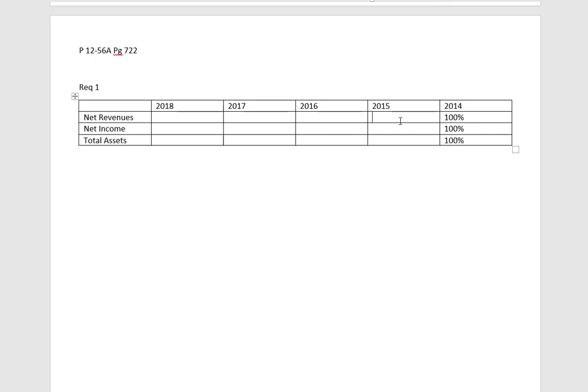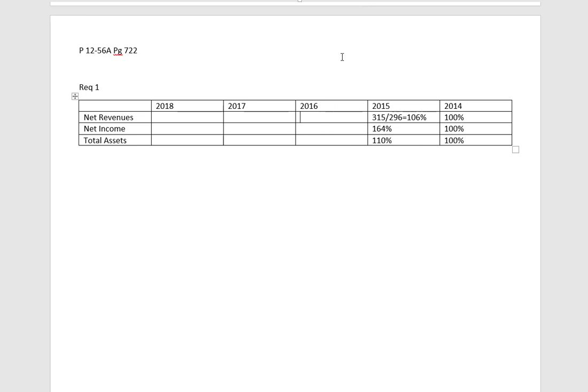And each subsequent year, 2015 and going on, is simply going to be the value in 2015, so in this case 315, divided by the value in 2014, 296, which is equal to 106%. And if I repeat that for these other line items, that's what I get.